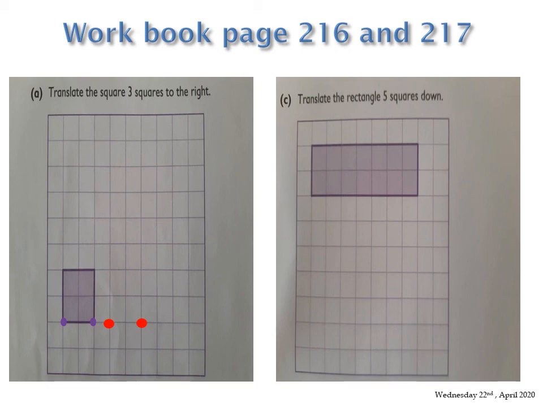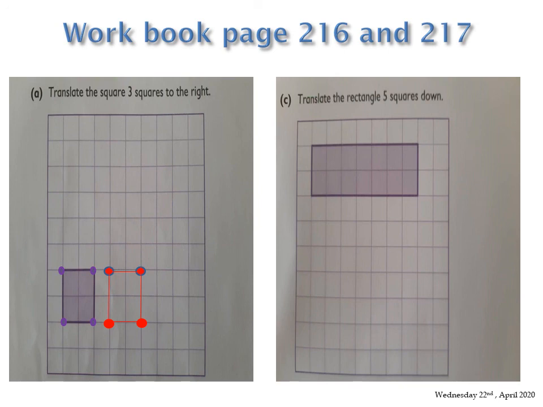So it's important to get your first point very correct. Now let's plot the one up. This is point 3. Count 3 squares to the right. 1, 2, and 3. This is point 4. Let's count 3 squares to our right. 1, 2, 3, and it stops here. So we just connect the dots. And this is our new translated square.